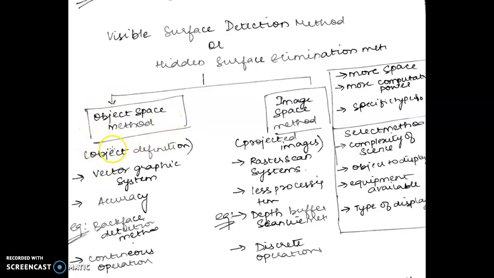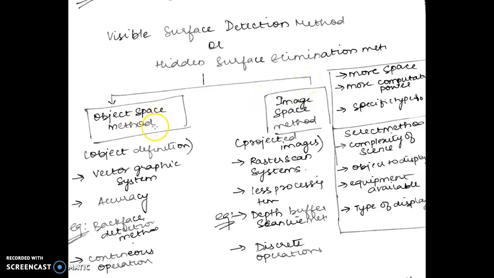So if a 3D object is there, all the rendering, detection and elimination will be done directly on the object. Whereas in the image space method, these elimination and detection processes are done on the projected images. That is, the projected image on the screen, so the elimination and detection methods are done on the projected image.